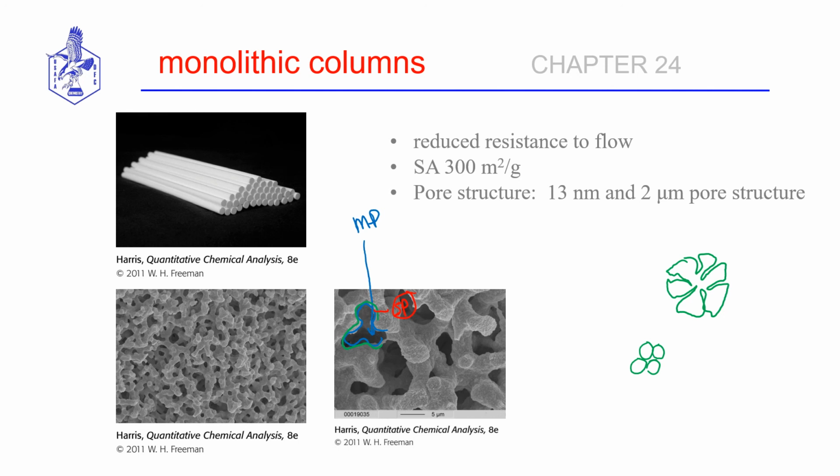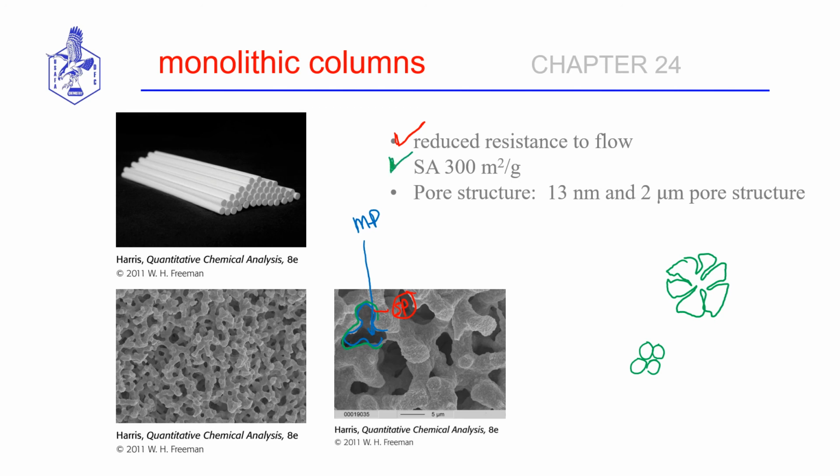So monolithic columns are columns with this pore structure that grows up inside of the column without having little tiny particles. And so the big advantage, much reduced resistance to flow, so we don't need to have pumps that have to operate at such high pressures. We don't sacrifice surface area.